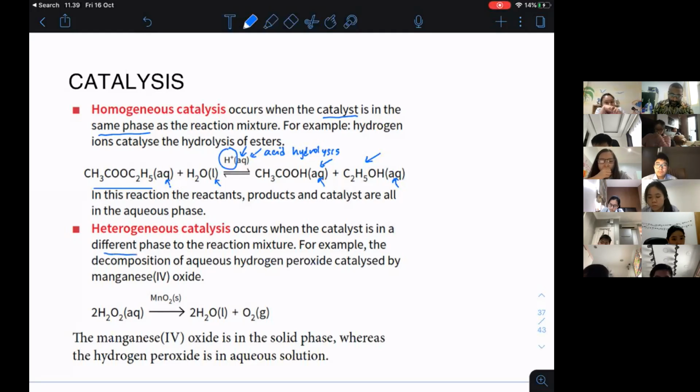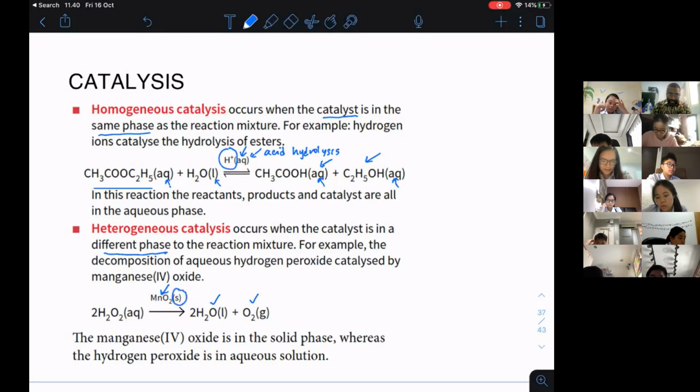For example, in the decomposition of aqueous hydrogen peroxide to give water and oxygen, they use the catalyst manganese(IV) oxide. Manganese(IV) oxide is in solid, powder form, so we call it a heterogeneous catalyst because it is solid.